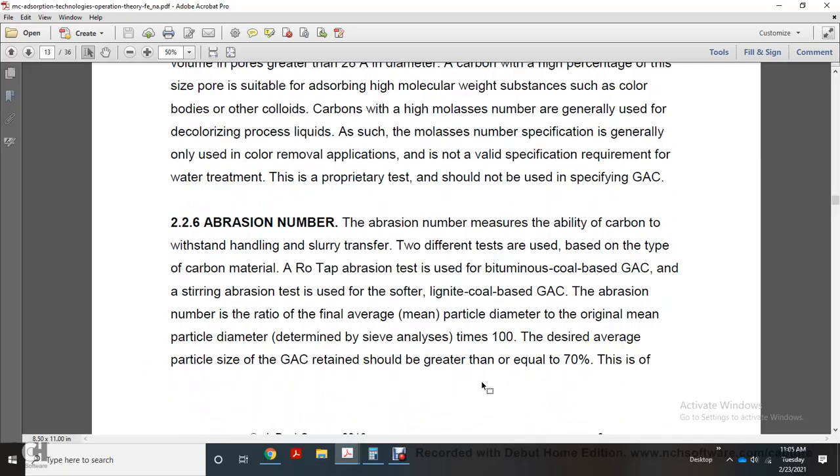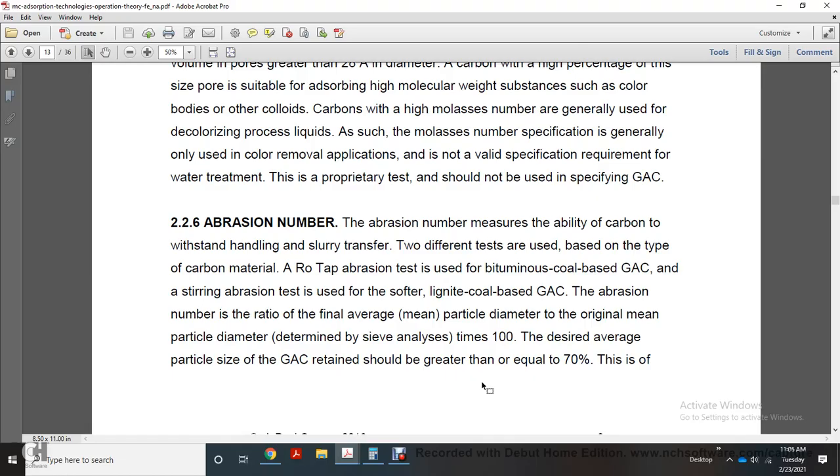Abrasion number. The abrasion number is a measure of the ability of the carbon to withstand handling, slurry, and transfer. Different tests are used based on the type of carbon material. A Ro-Tap abrasion test is used for bituminous coal based granular activated carbon, and a stirring abrasion test is used for softer lignite coal based granular activated carbon.